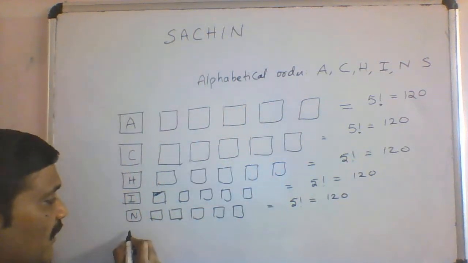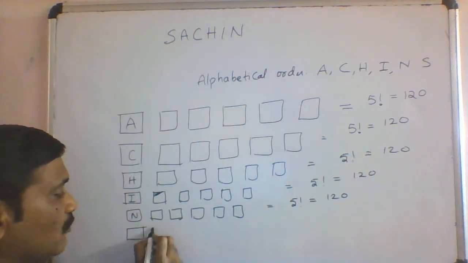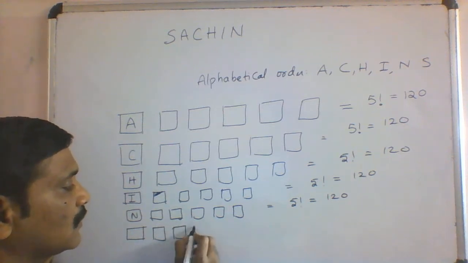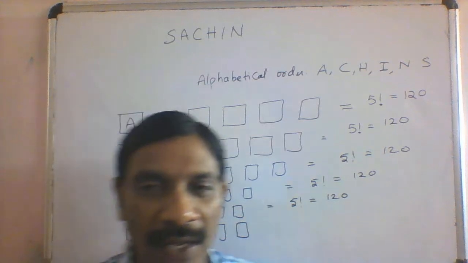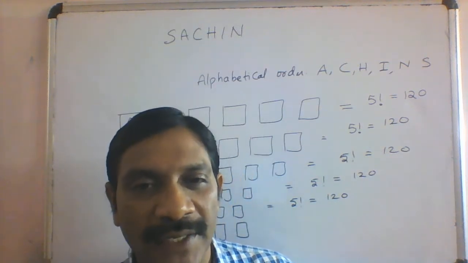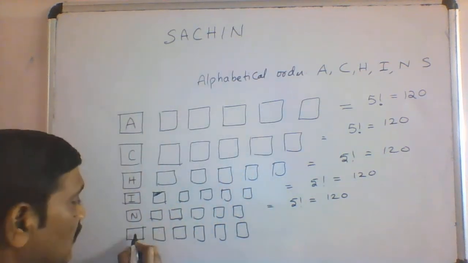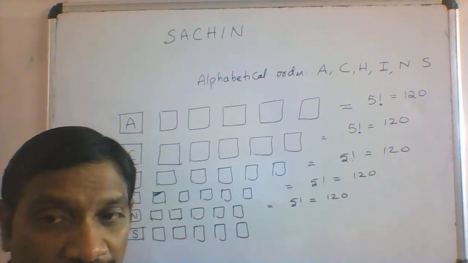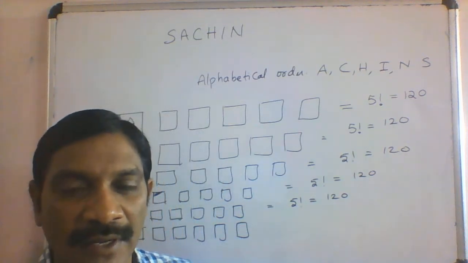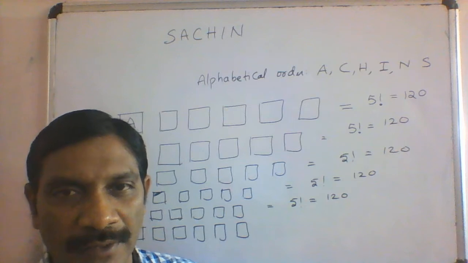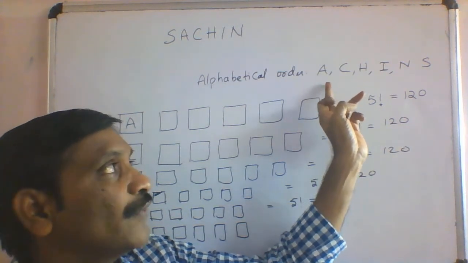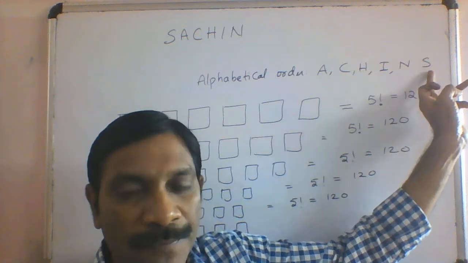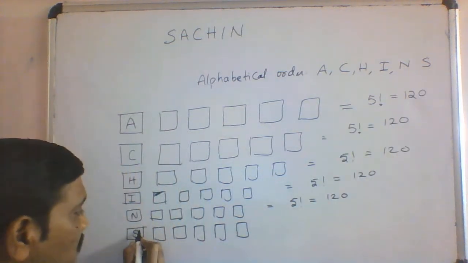So here see what happens. Among 6 boxes, when I get the required letter in that particular place, I am searching for that letter in alphabetical order starting from A. When I reach the required letter, you block this.